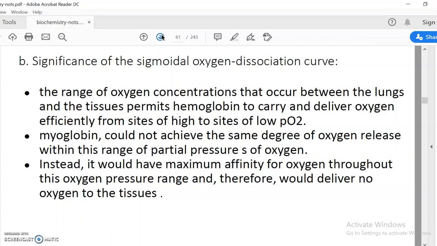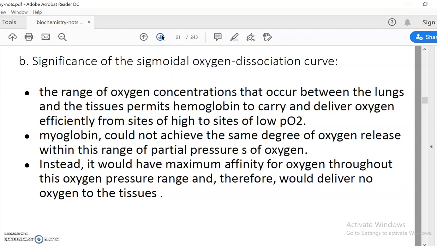As we see in the oxygen dissociation curve, the pressure of oxygen in the lung is very high and in the tissue is very low. In the lung, the saturation of oxygen is very high.